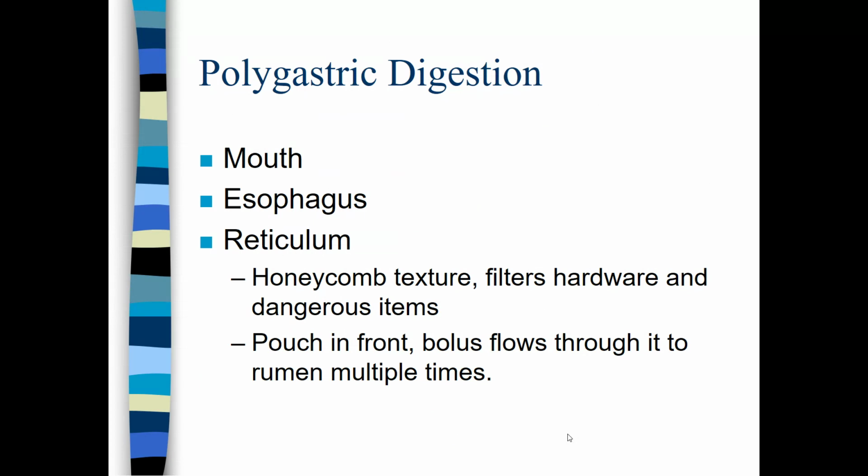And there are times when we talk about that being hardware disease or something like that. But if it just falls down into the rumen, it can stay in that pouch. And actually, in many cases, eventually the gastric acid will make it rust into just minerals and go away.